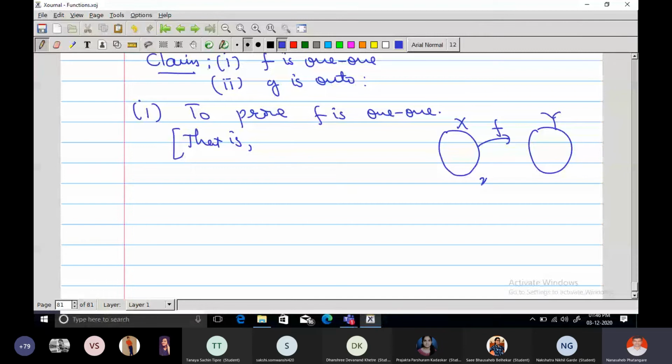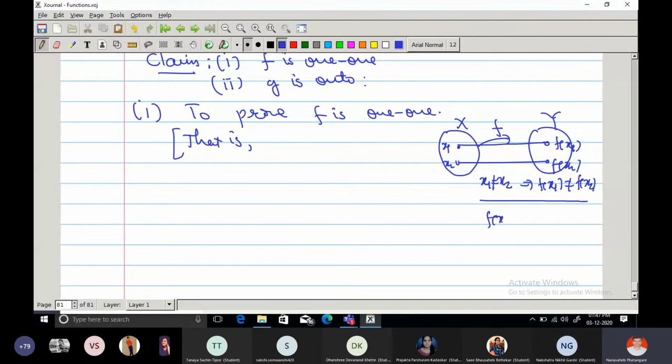If elements are distinct in the domain of f, then their images f(x1) and f(x2) in the codomain are also distinct. This is what we want. Alternatively, this is equivalent to saying that if the images of two elements are the same, then the pre-images are also the same. This is one and the same. Is it clear?